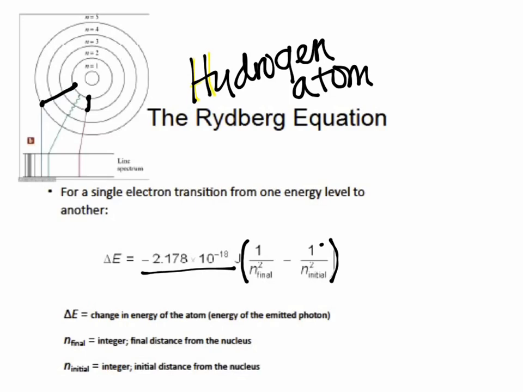We're going to do a couple of these problems. But remember, it is only for hydrogen. So star that, so you do not forget. Yeah, the first number is just a constant. Squared, yes.